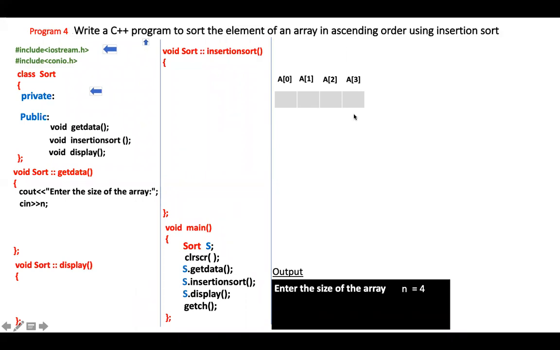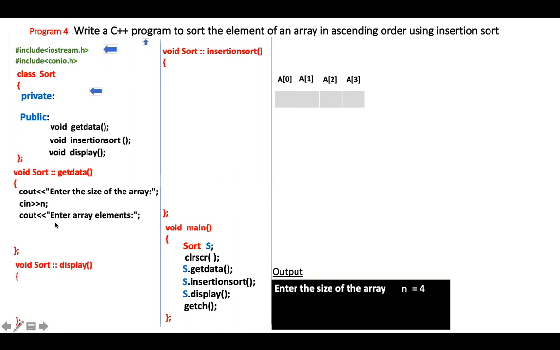Okay. Now next, what will we do? Anyone tell me? We'll fill this array with some random elements.